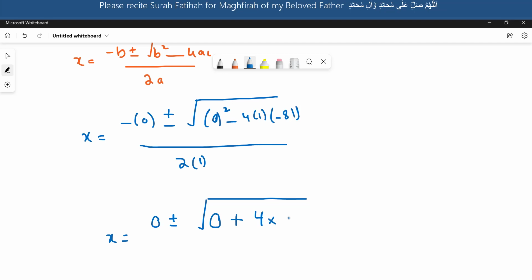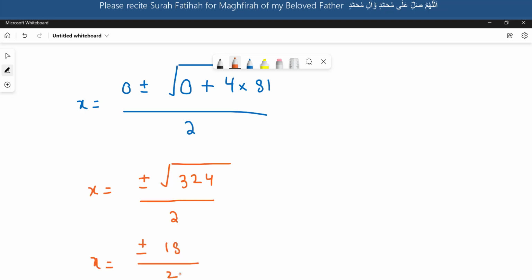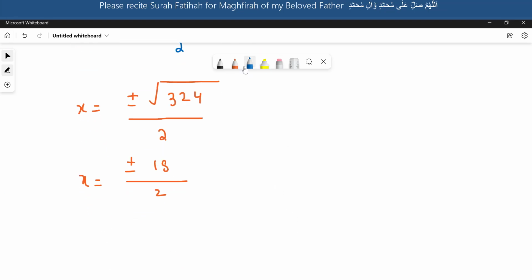So positive 4 times 81, divided by 2. It's really simple now. x equals plus or minus the radical of 4 times 81, that's 324, divided by 2. The radical of 324 is 18. You must remember, therefore x equals plus or minus 18 over 2.